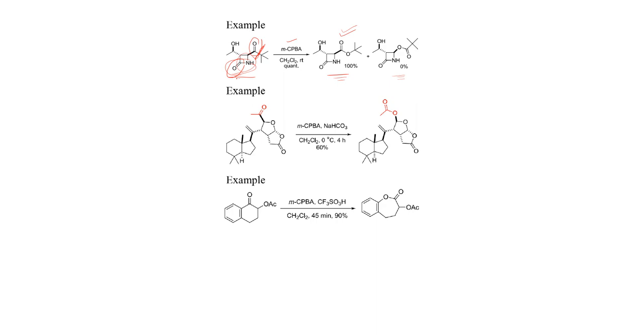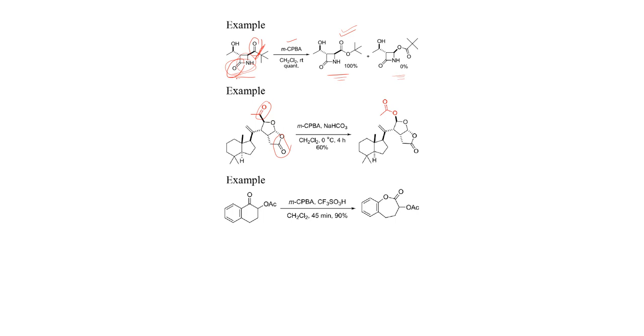In the second example, as you can see here, a carbonyl functionality is present and a lactone functionality or ester functionality is present here. When such a substrate is used for the Baeyer Villiger oxidation reaction, what will be the product for this reaction? As we discussed in the first example, the ketone will only take part in the reaction and the amide or ester functionality will not be affected.